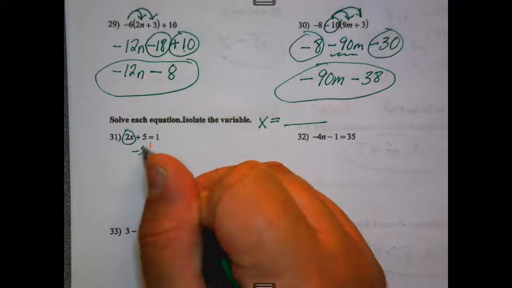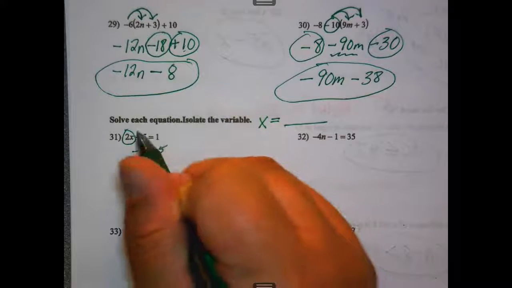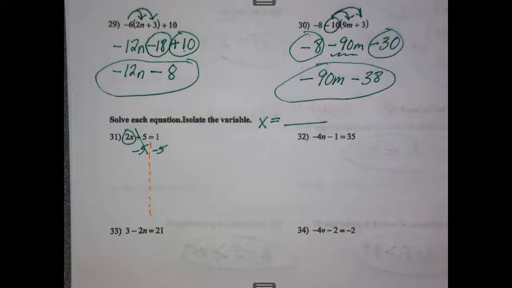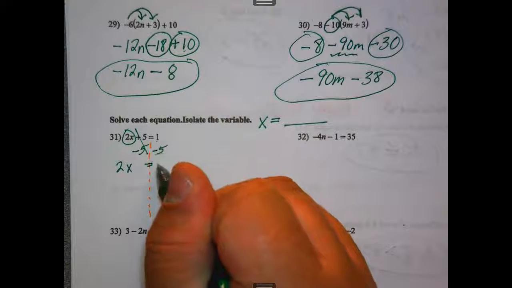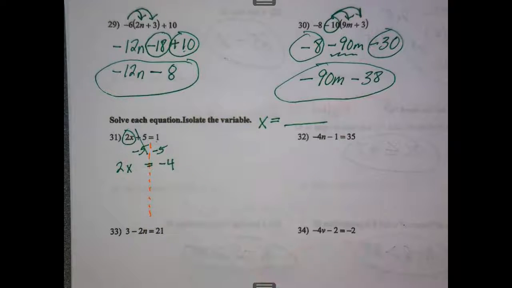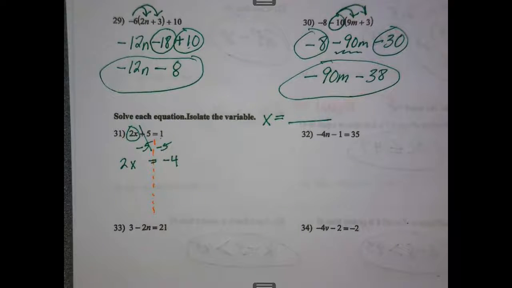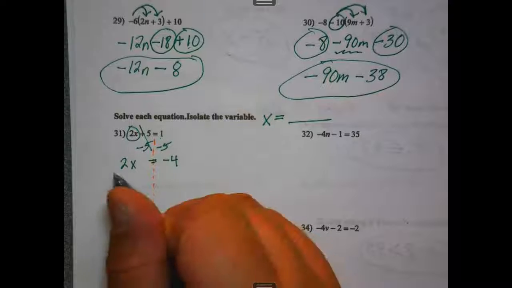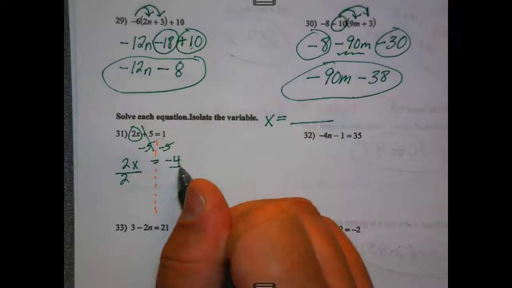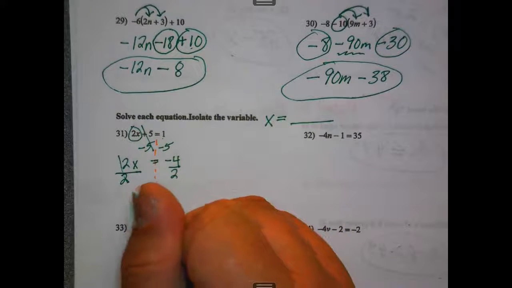I'm going to subtract 5 from both sides. Okay, there's step 1. 2x. 1 minus 5 is minus 4. Step 2, divide by the coefficient. You have to undo the multiplication here. So divide by 2. Divide by 2. So that's our second step.